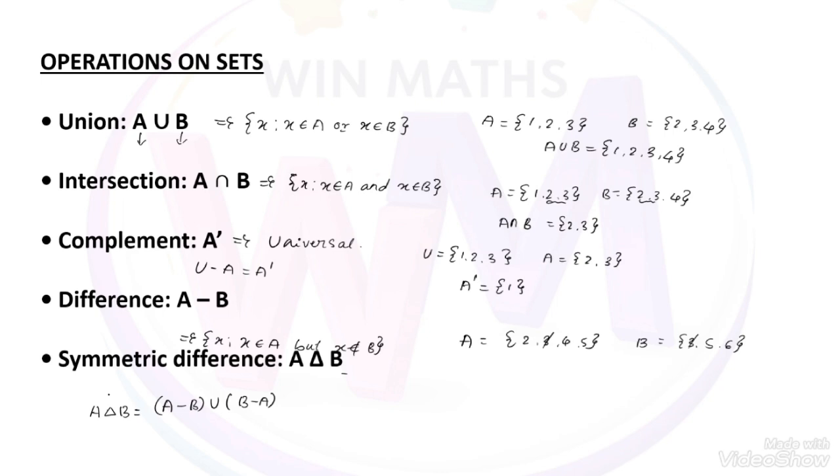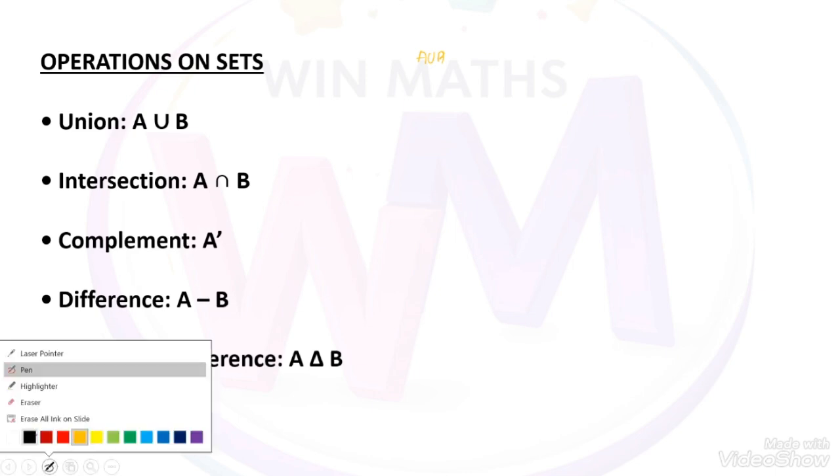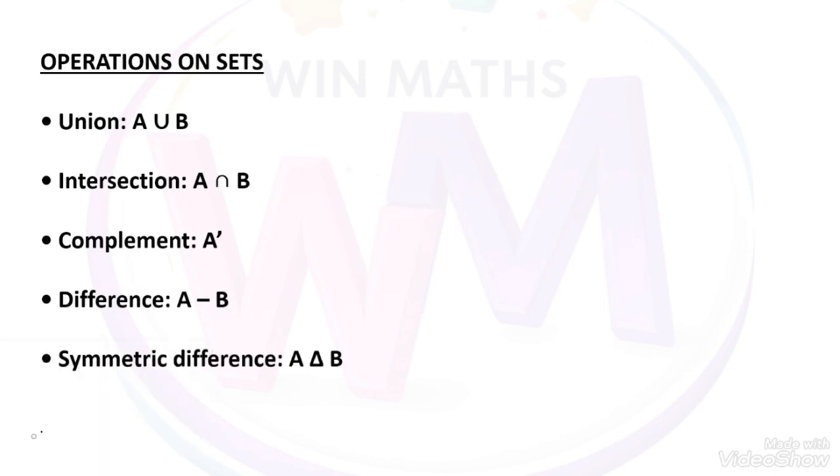Now we will discuss some of the laws of operation, some important properties. The first law is A union A. Both are the same sets.